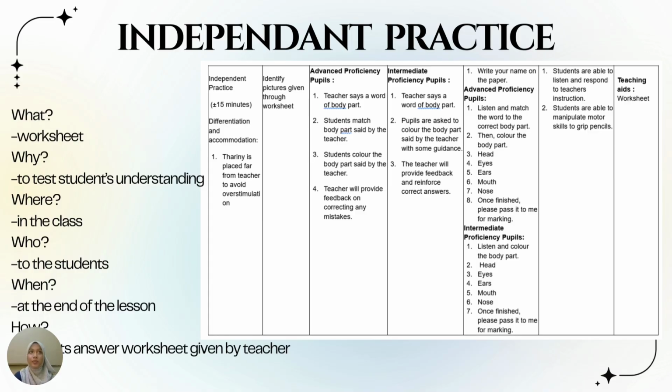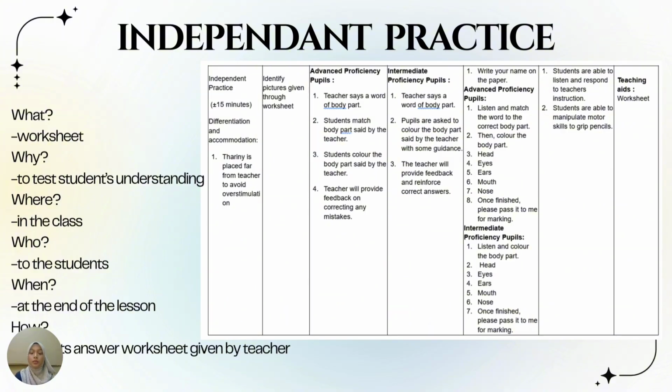But what I meant is that putting her away, but enough for her to hear the content of what the teacher is saying. So during independent practice, the teacher will give them two different sets of worksheets.